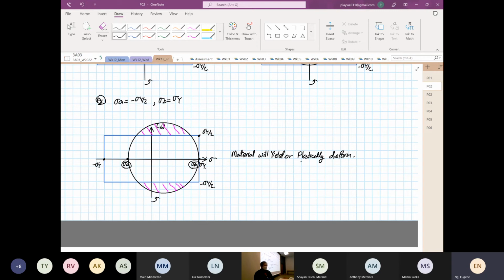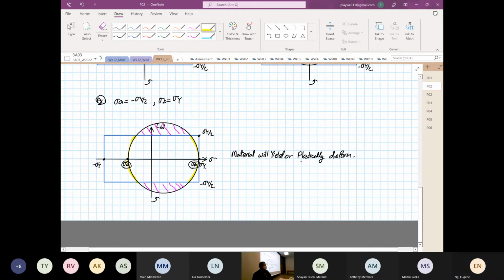Now I got a very interesting question from a student. Okay, a student approached me and said, Eugene, if both points, stress A and stress B, are in this region, okay, let's say stress A and stress B are in, oh, I shouldn't have done that, are in this perimeter, right? In the highlighted perimeter. Will the material fail?